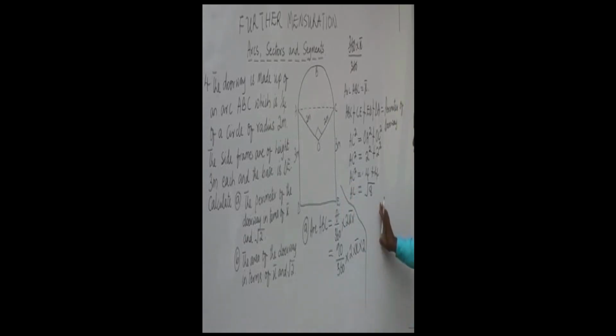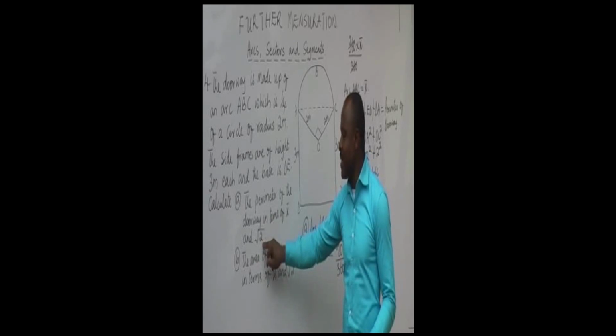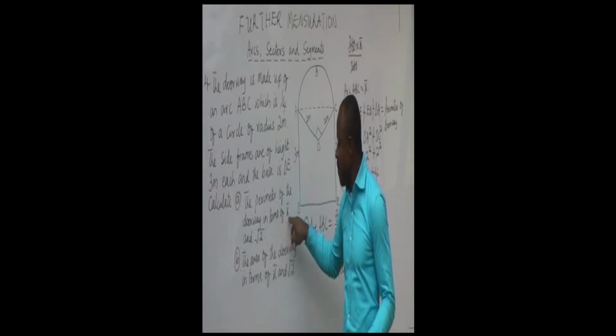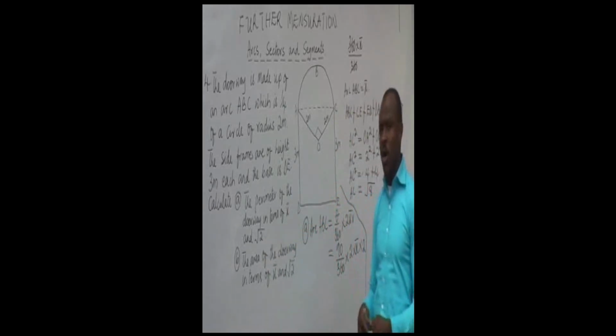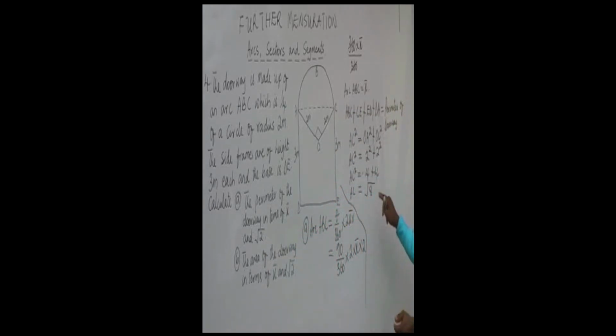We're going to continue here. Now, remember, the question said we should give our answer in terms of pi and root 2. What we're going to do now is try to transform the root of 8 to a figure that has root of 2. Root of 8 is root of 4 times 2. 4 is a perfect square.